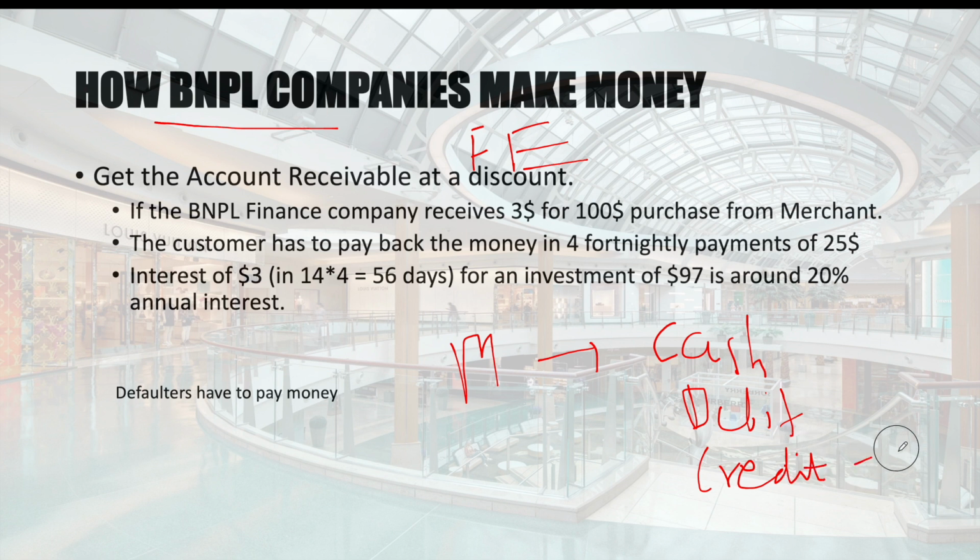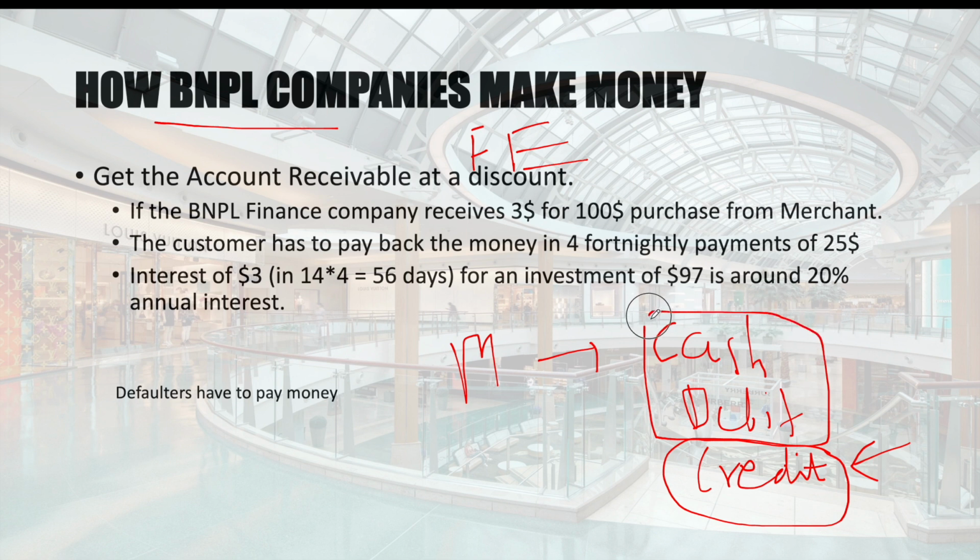As you know, 2 to 3% is already discounted, or the merchant receives 2 to 3% less, in case the customer uses a credit card. Okay, and for cash and debit also, it may seem like a free transaction for the merchant. If somebody pays 100, the merchant gets 100. But there may be some counterfeit notes, there may be some delays, there may be some other issues which may come. So cash and debit also may incur some cost for the merchant to receive the money. It may not be 2 to 3%, but it may still be some percent.